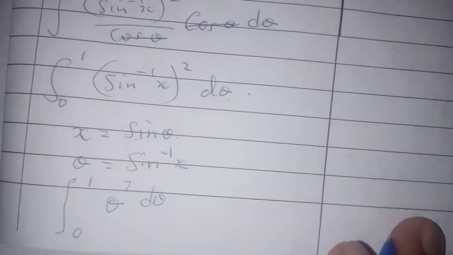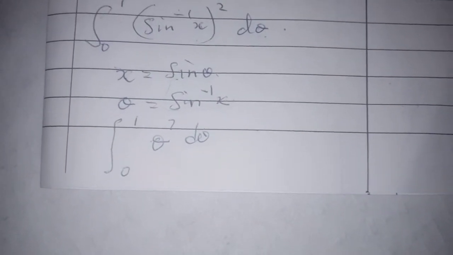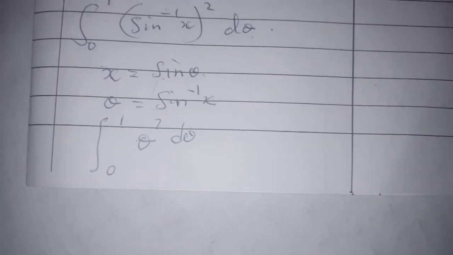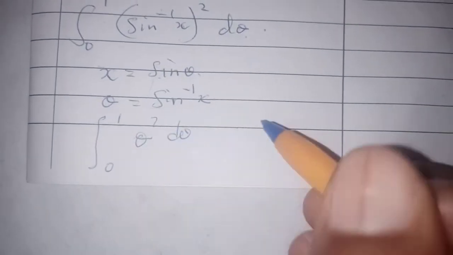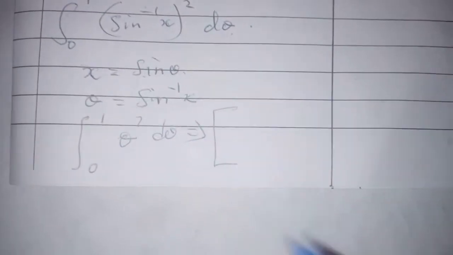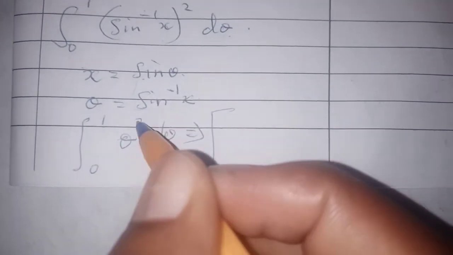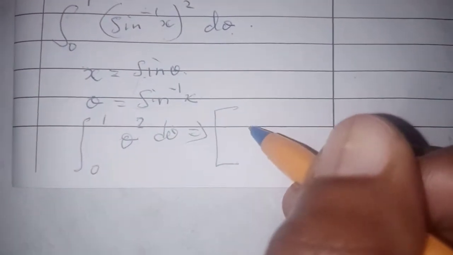So 0 to 1 of what? Instead of sine inverse, just write in terms of theta, it will be just theta squared d theta. Now, can you see this is very simple? Let's use the power rule to integrate that function, whereby you just add 1 to the power: 2 plus 1 is 3, so it will be theta power 3.